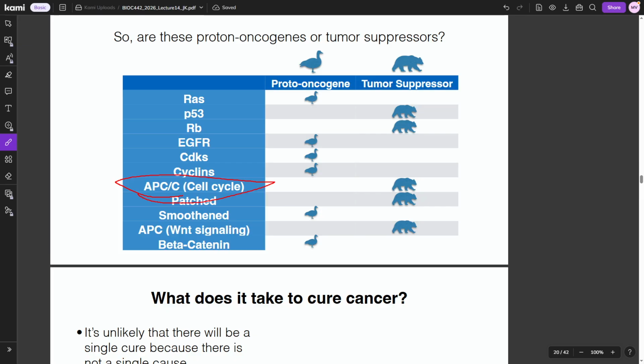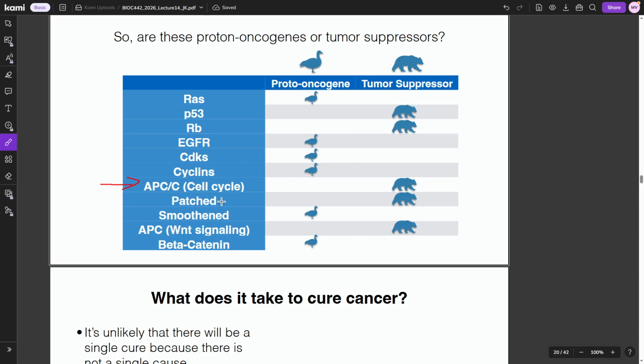Let me double check that actually, before I feel like I'm lying a lot these days. No, sorry, it is anaphase promoting complex. Say it's a tumor suppressor here. I can't remember exactly where this one acts, so you might have to go back and double check this for me. Someone let me know in the comments maybe where this is. I can't quite remember off the top of my head.